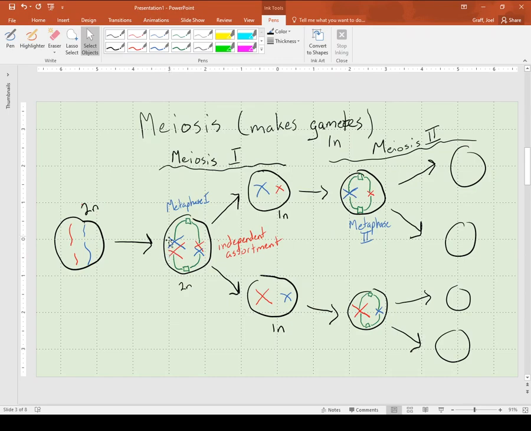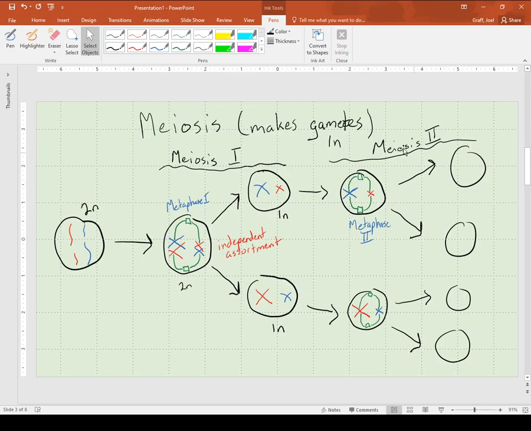Whereas, remember over here, metaphase 1, we had the X's side by side, the sister chromatids, homologous chromosomes. 2 sets of homologous, or 1 set of homologous chromosomes, but there's 4 chromosomes in total because there's 2 sister chromatids for each. But, okay, I'll stop.